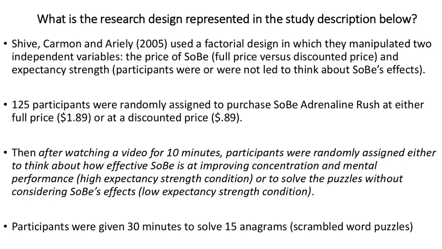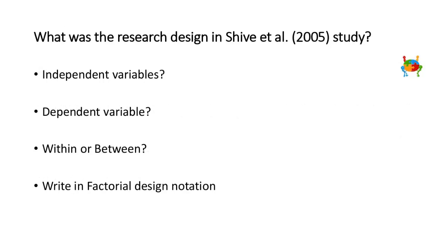After watching a video of 10 minutes, they were randomly assigned to think about how effective SOBI is at improving concentration and mental performance, or to solve the puzzles without considering SOBI's effects, the low expectancy condition. And then their operational definition was number of puzzles solved. In this case, there were some anagrams.